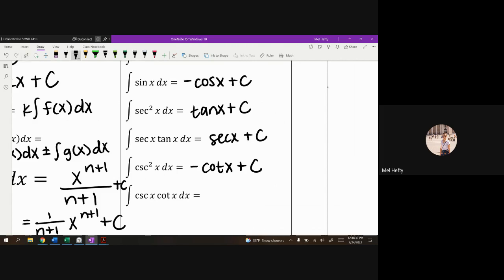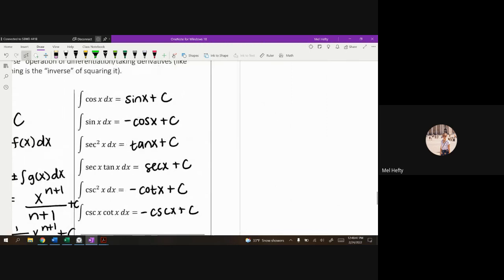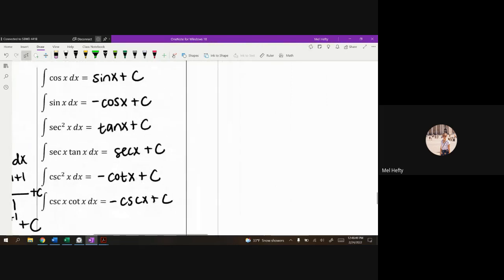Cosecant, do you think it's positive or negative? I want you to notice all of these are single trig functions. So I'm never going to integrate trig right now and get multiple trig functions out. Also something cute. What do you notice about all the ones that start with C?